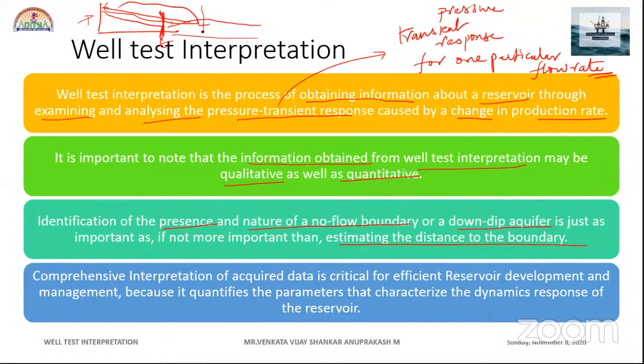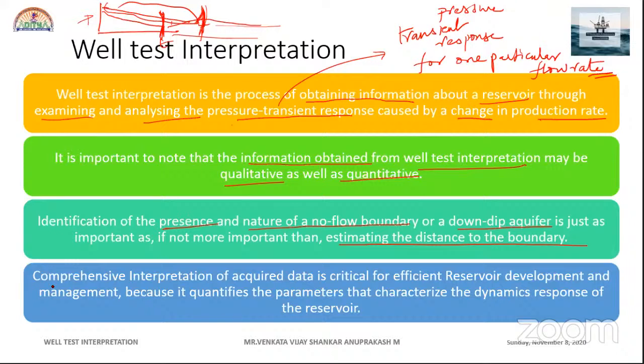At a certain point, as the pulse is transferred into your reservoir, if there is any obstruction, obviously it will not give you any response. That will result in a change in the curvature of the graph. But if there is no such thing, obviously it will continue the same trend without any obstruction.